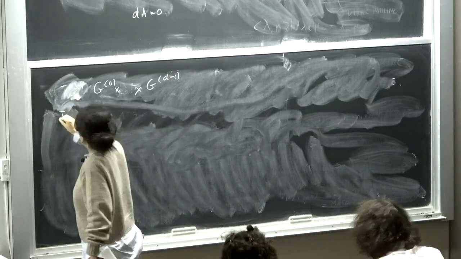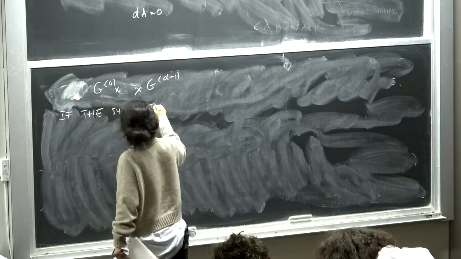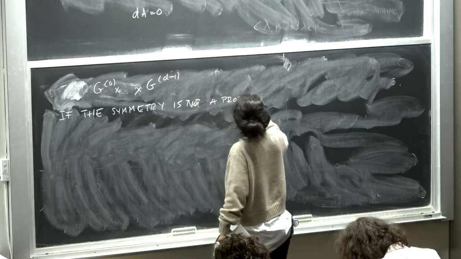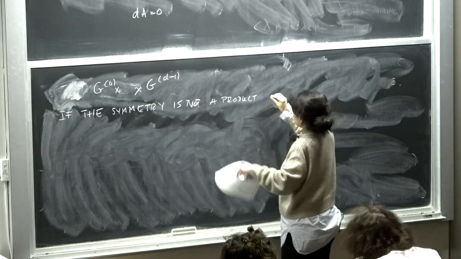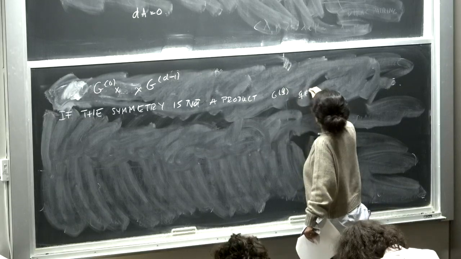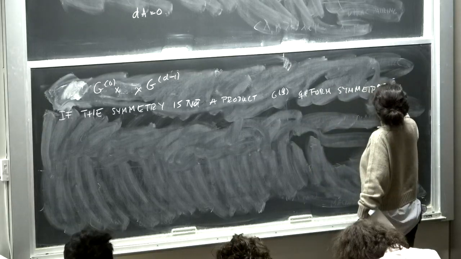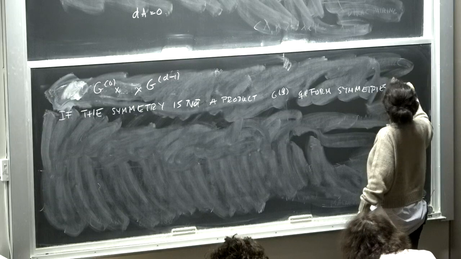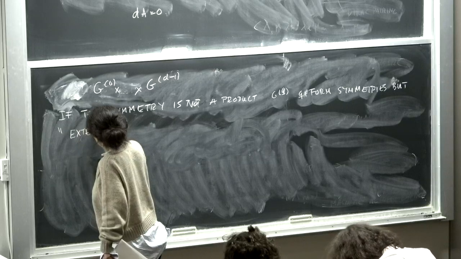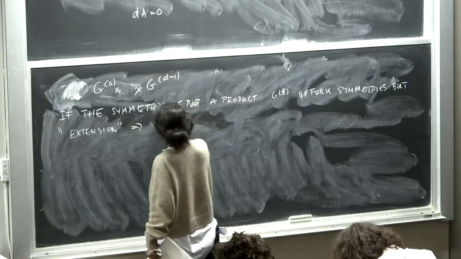And so if the symmetry is not a product of the G_q, but what I'll define in a moment as an extension, then we'll call this a higher group symmetry.